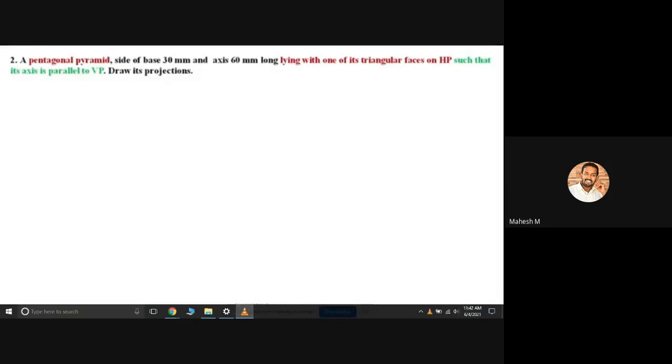So pentagonal pyramid, side of base 30 mm and axis 60 mm long, lying with one of its triangular face on HP. So we have already discussed this condition, triangular face on HP.